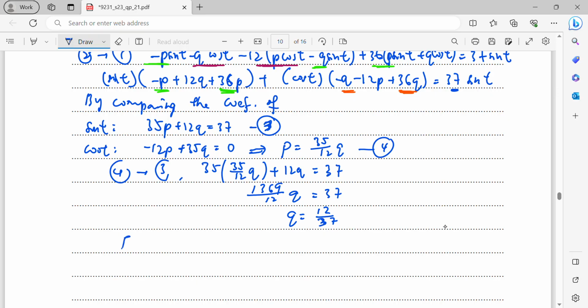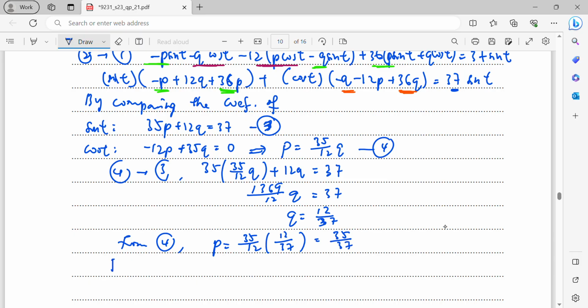Now substitute into the fourth equation. Your p is going to be 35 over 12 times 12 over 37, so you will get 35 over 37.